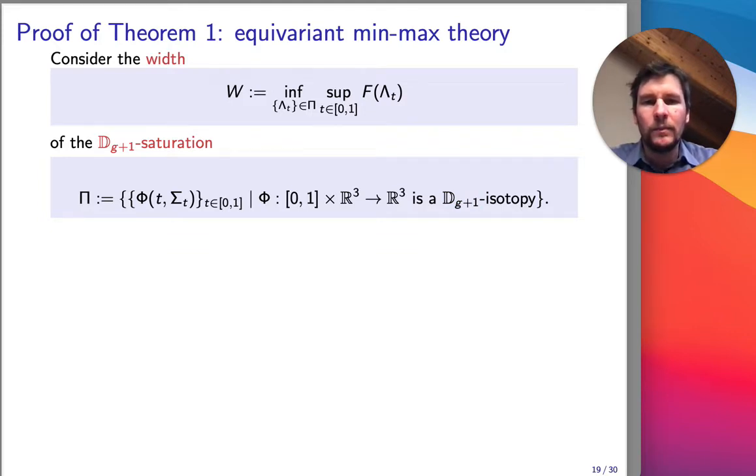Okay, so we modify our sweep outs, we saturate our sweep outs, and we only look at the ones that have the right symmetry and topology. And then we define this width: we take the supremum, or the maximum, of the Gaussian area, and then we take the infimum over all these elements in this saturation.